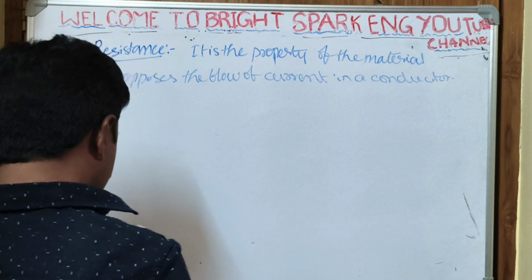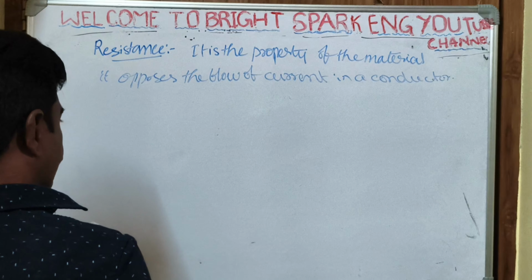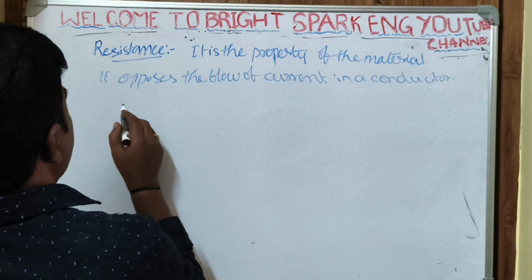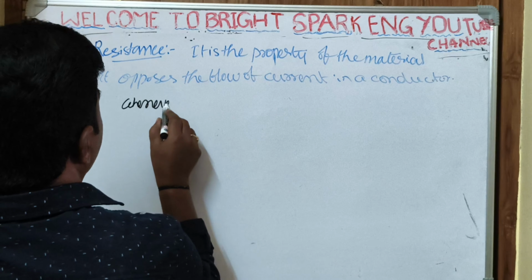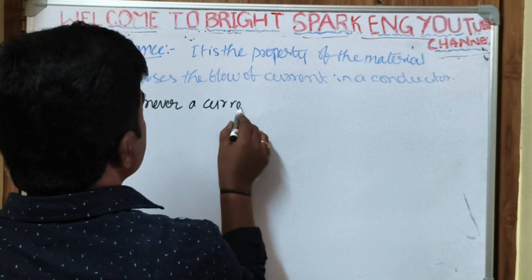It means whenever a current flows due to electrons in a conductor, then resistance opposes the flow of current.